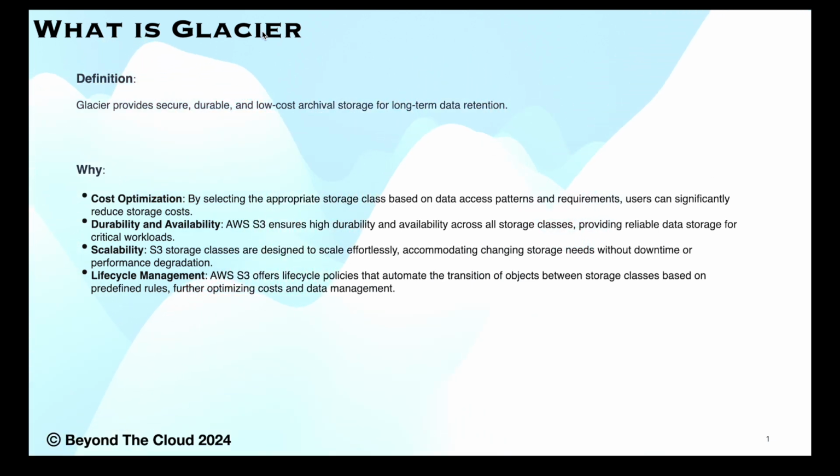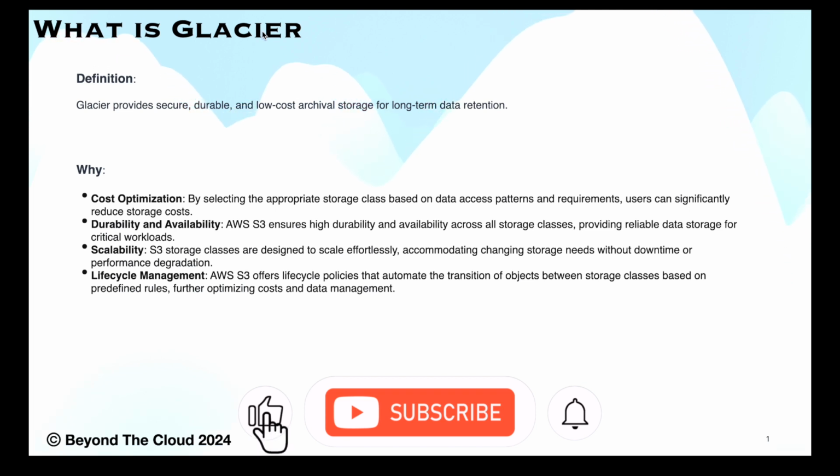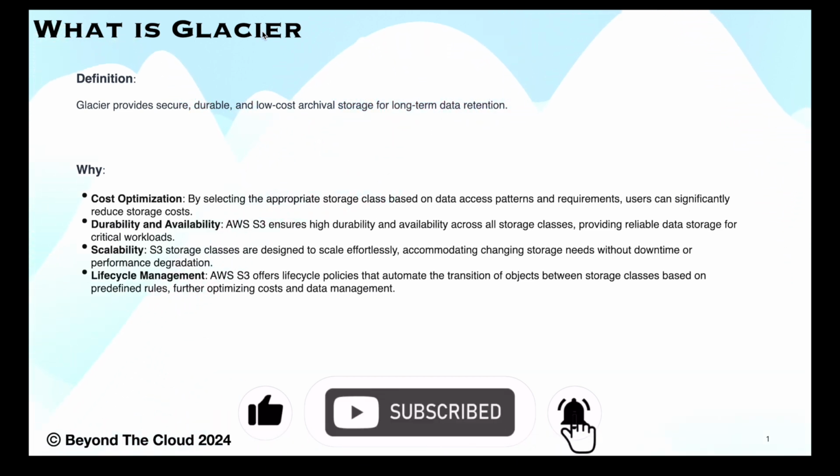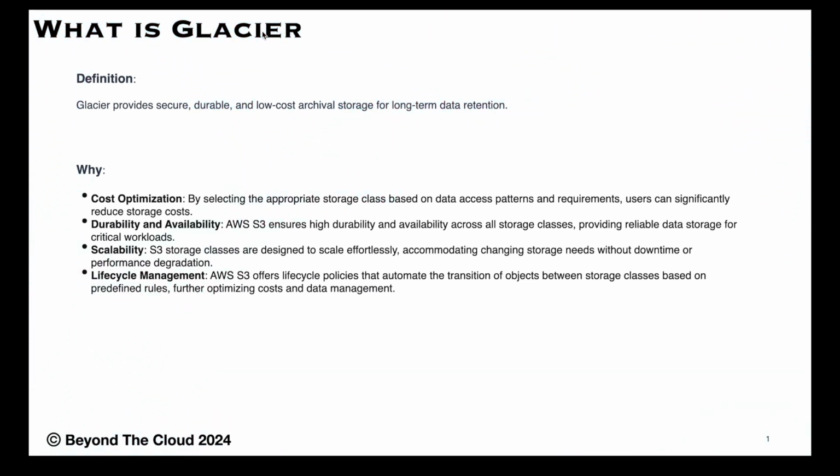It provides secure, durable, low-cost archival storage, and it is suitable for data that is accessed infrequently and has retrieval times ranging from minutes to hours. Why am I saying minutes to hours? You will see in this video. In one of the storage classes it is in minutes, in another it is in hours.